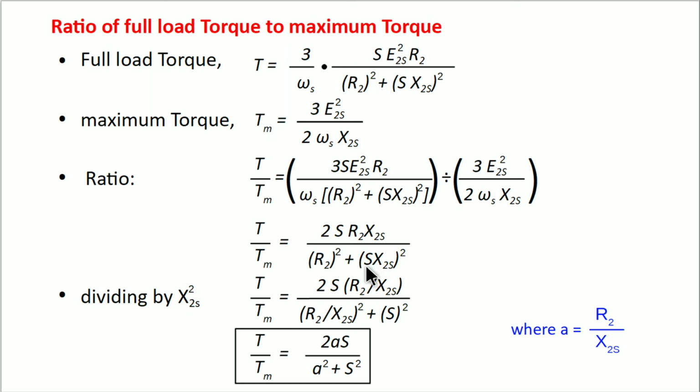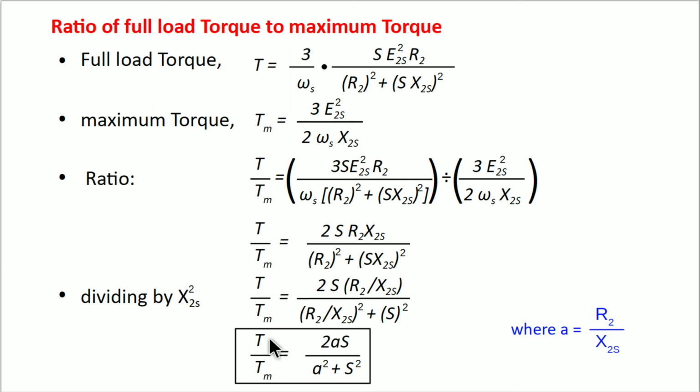So in the same way, dividing by x2s square, we have 2s r2 over x2s, over r2 over x2s whole square plus s square. Again, by substituting A for R2 over X2S, that is, the ratio of rotor resistance to standstill rotor reactance, we find T over Tm is equal to 2As over A square plus S square.